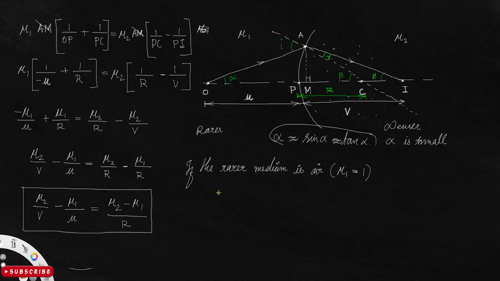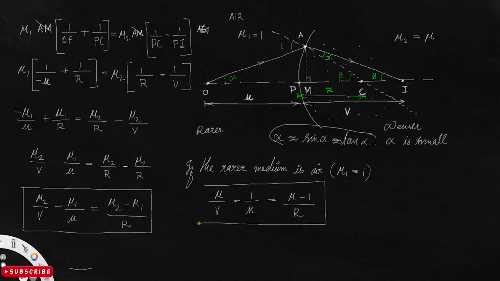So in this case, if it is air, we have mu1 equal to 1 and mu2, let's say, as mu. So mu by v minus 1 by u is equal to mu minus 1 by r. Clear? So this will be the equation. See, this is actually mu and this one is u. My mu and u always look the same. Okay.